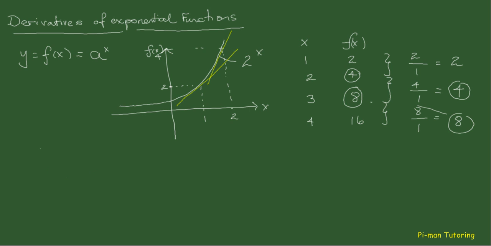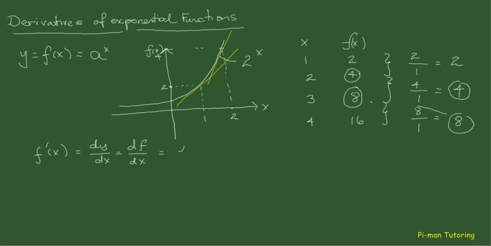So our usual notation, we will say f dashed of x. And let's get used to writing also the Leibniz notation, dy by dx, or even df by dx is okay too.